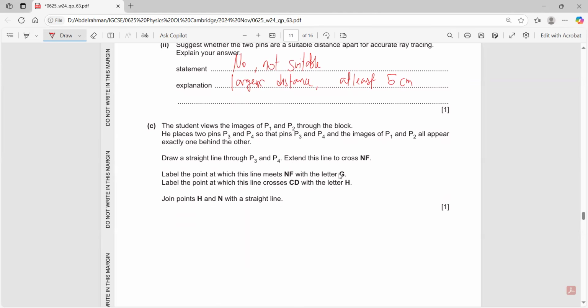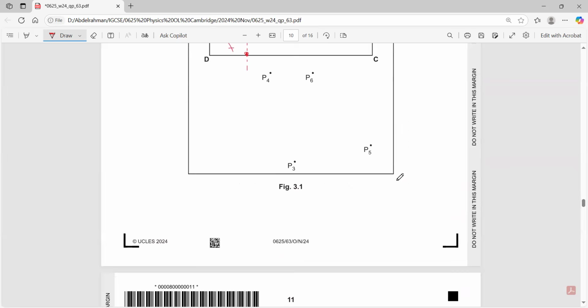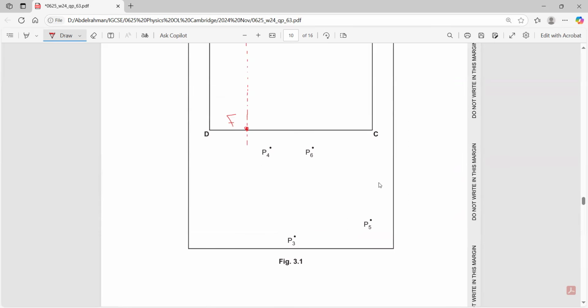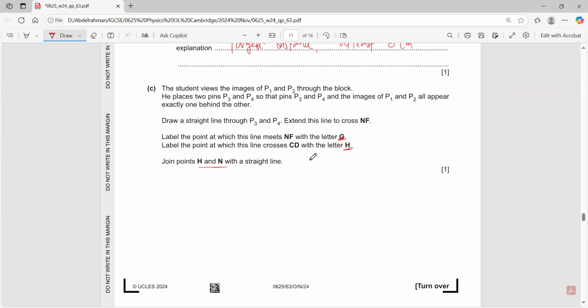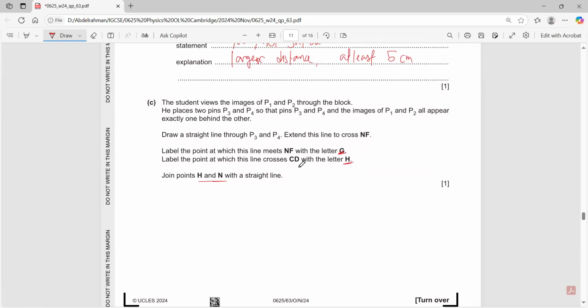The point where it crosses NF should be G, where it crosses CD should be H, and then join points H and N. So we continue line P3 P4 until it reaches this point G, and this point H. Then join points H and N.